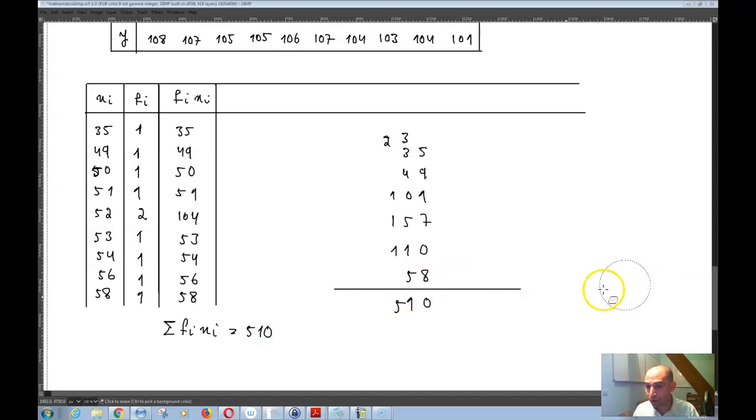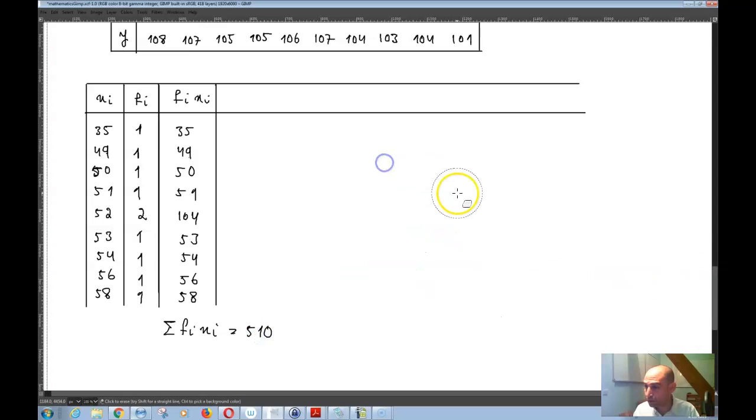Just to make sure that I haven't made any mistakes in this calculation, I'm sure I haven't, but let's check. So 35 plus 49 plus 50 plus 51 plus 104 plus 53 plus 54 plus 56 plus 58 is equal to 510 exactly.